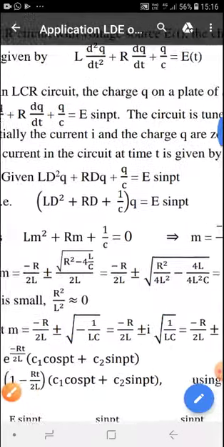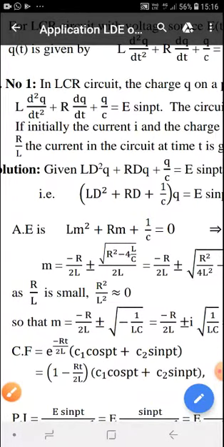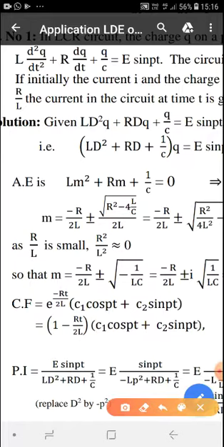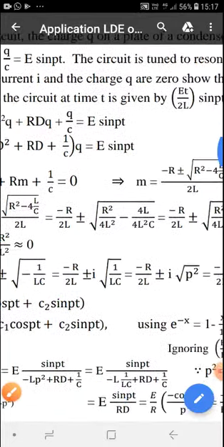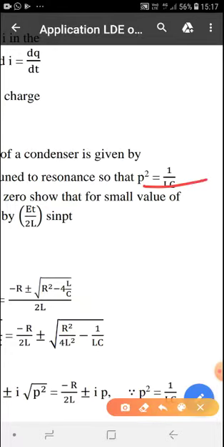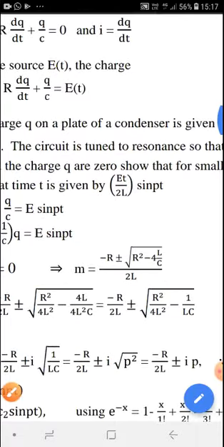So in the next step m will be equal to minus R by 2L plus or minus root of minus 1 by LC, and root of minus 1 is i. So minus R by 2L plus or minus i into root of 1 by LC. And you can see in the question p square is given as 1 by LC. So 1 by LC means p square. Use it here.